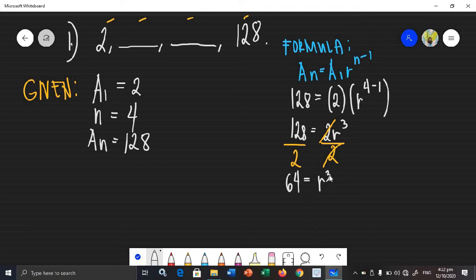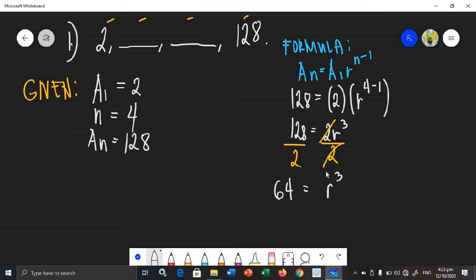Ngayon, para matanggal natin si r cubed, kukunin natin yung cube root. No? Mag-extract tayo ng roots. Just like what you did in grade 9. Okay? Gagawin din natin. So, I'm going to rewrite this part. Okay? 64 is equal to r cubed.